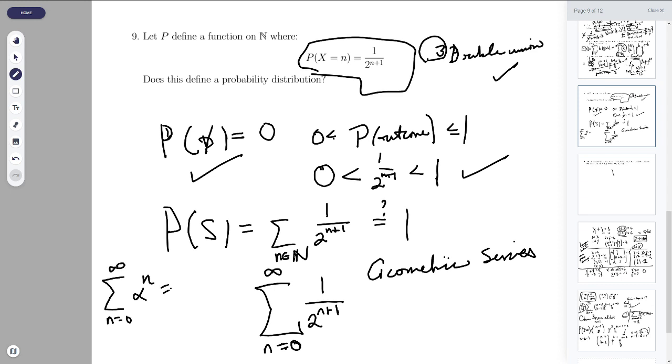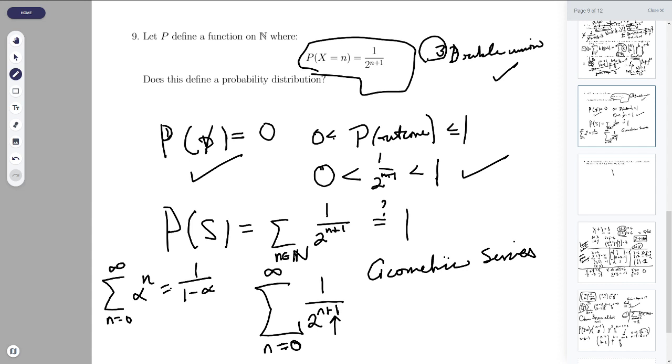Is equal to 1 over 1 minus alpha. So as it turns out, there's only one small modification we have to make to this. We see that there's this extra plus 1 in here.